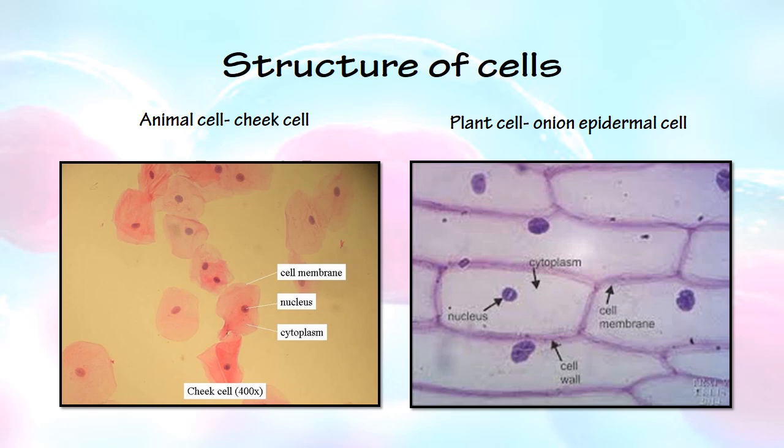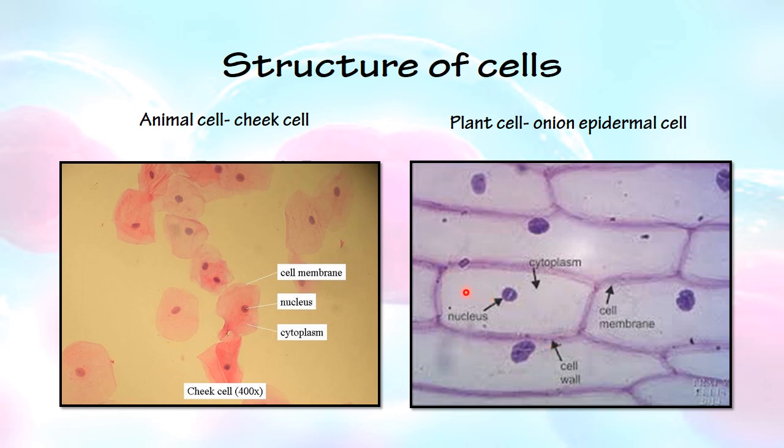Peel from the inner or outer surface of it and transfer it to a watch glass containing water. Put a water drop onto a clean glass slide and transfer the specimen onto the slide using a paintbrush. Cover it with a cover slip without trapping any air bubbles and observe it.